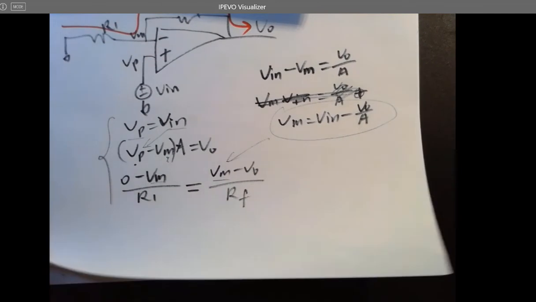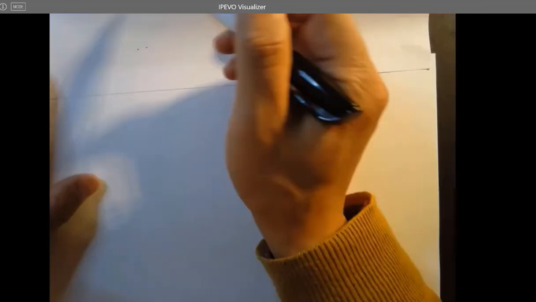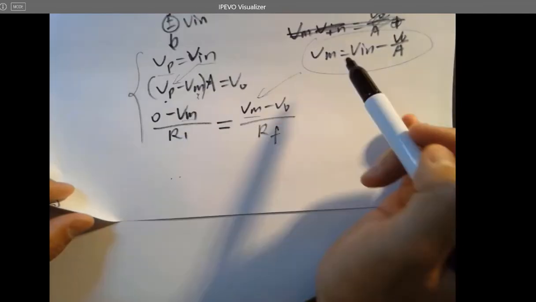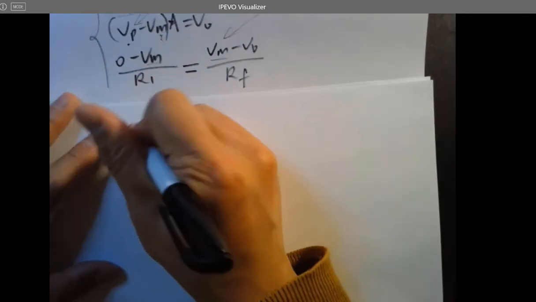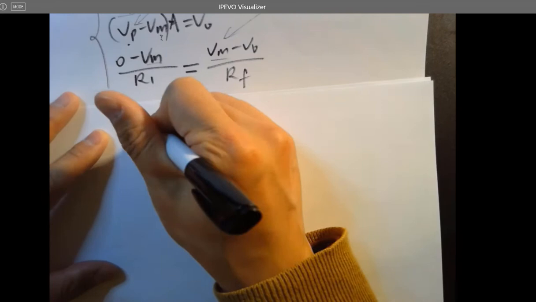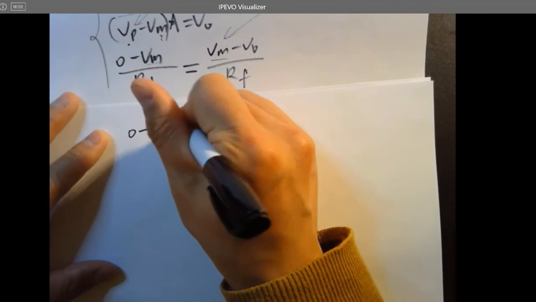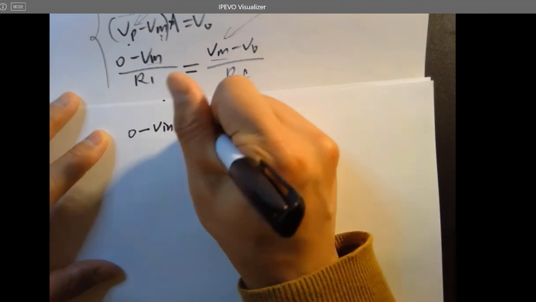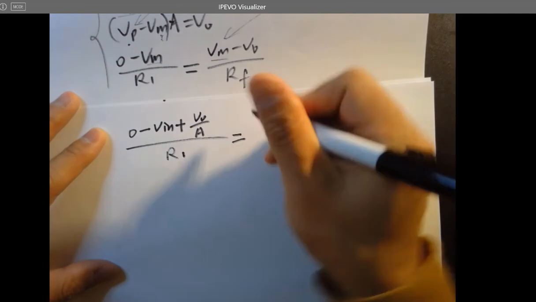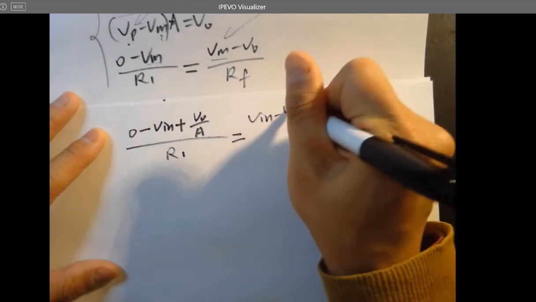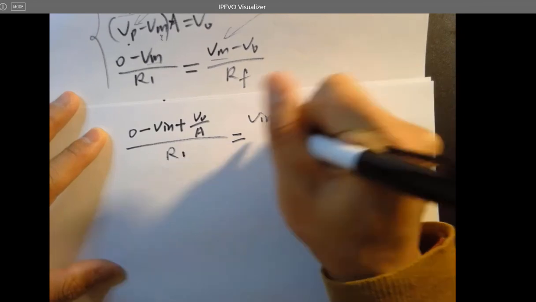So let's do it really quick. I don't want to make this too long. So let's substitute VM in this equation. Use this one. Okay, let's do it. It will be 0 minus VM, which is V in minus VO over A, over R1 equals V in minus VO over A minus VO over RF.